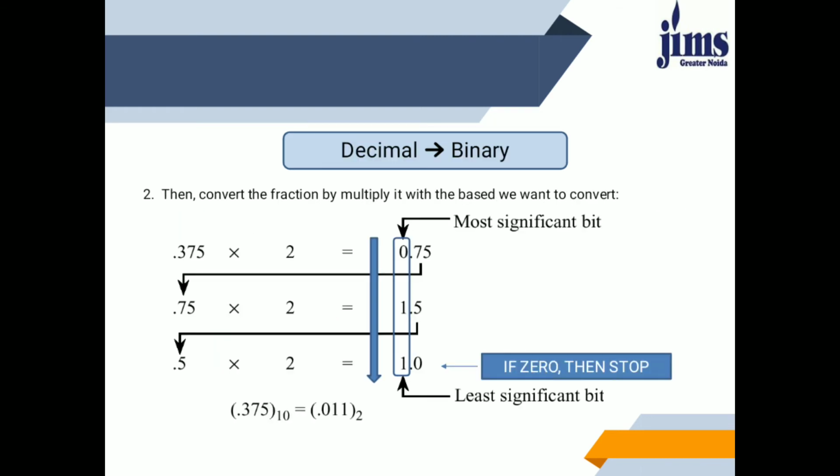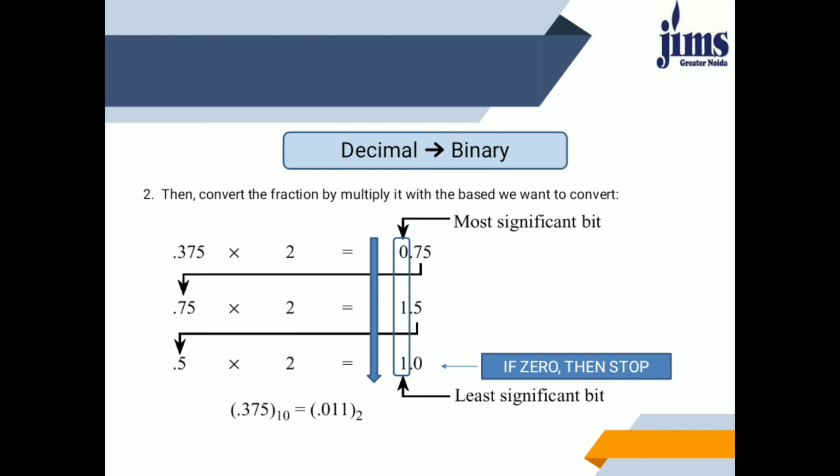Now what will be the situation when we want to convert a floating point decimal number into binary? Let's take an example: 0.375. We multiply this decimal number by 2, so the answer will be 0.75. We take the number just beside the decimal point, which is 0 in this case.